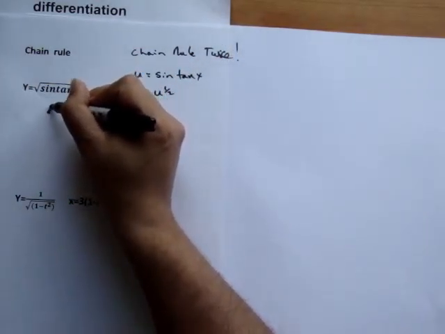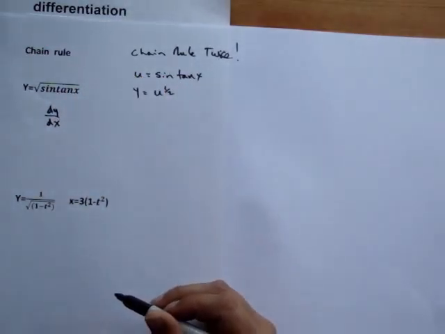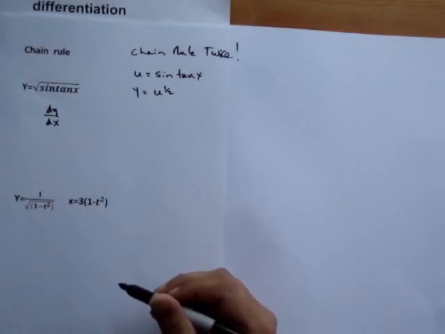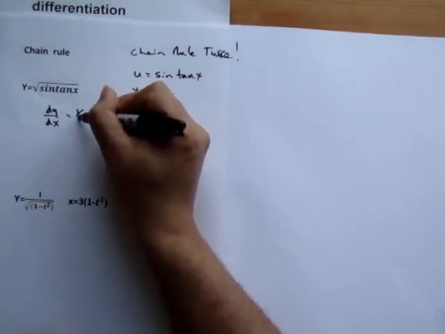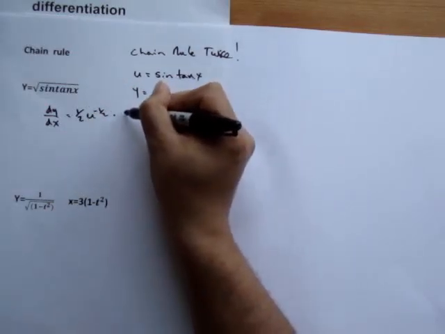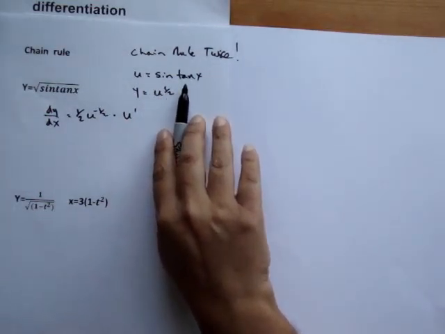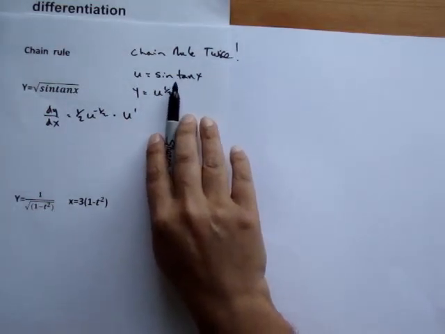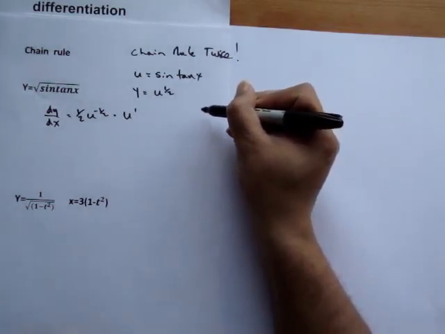When we apply the chain rule, dy by dx equals half u to the minus half multiplied by u prime. Now u prime itself, we need to apply the chain rule, so let's do that over here.